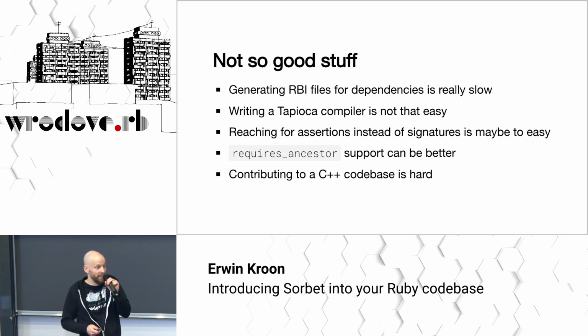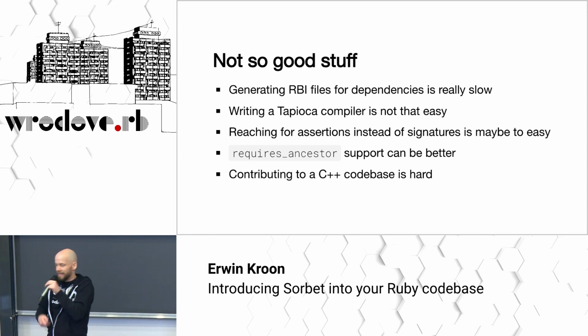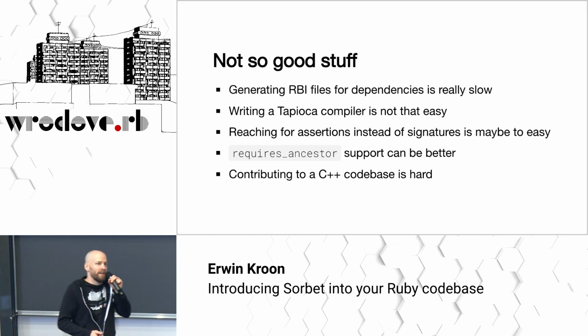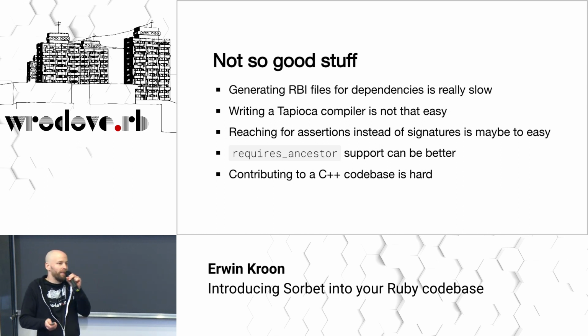So you waited 10 minutes and then you disable it anyway. This is not a good spot to be in. As I said, writing this Tapioca compiler is not easy, but I think it's good. So maybe we can make this easier, because that would make it so much better.